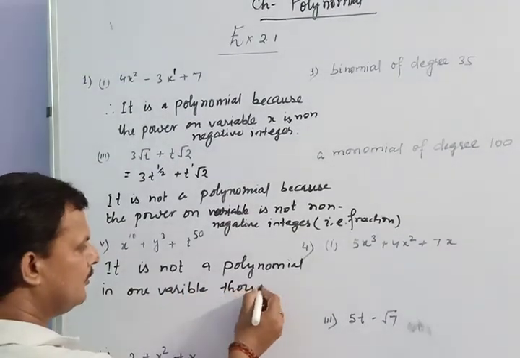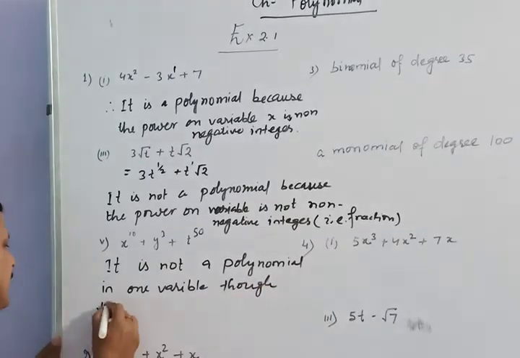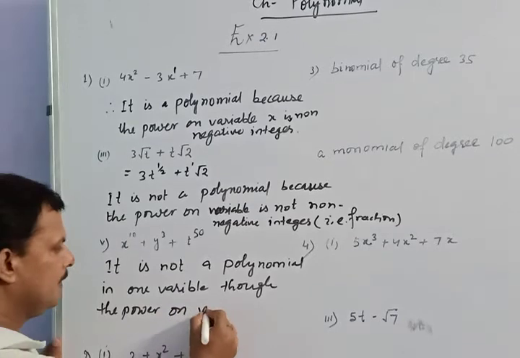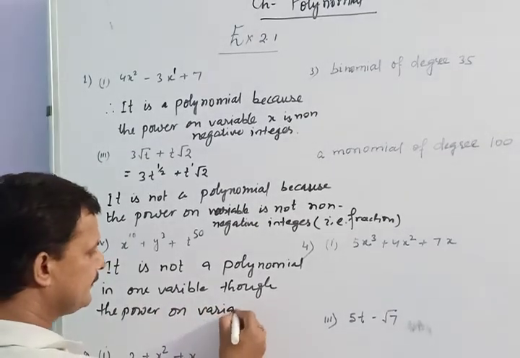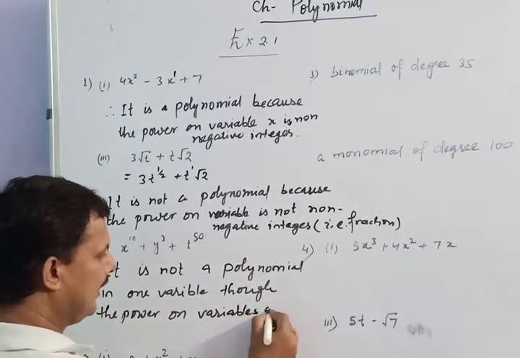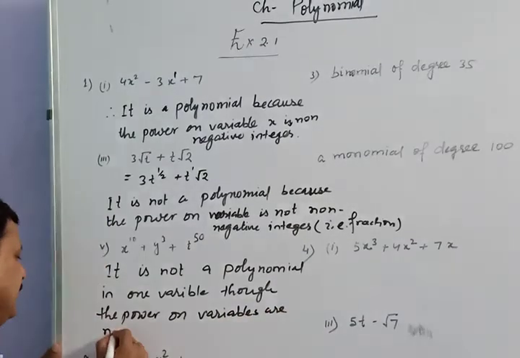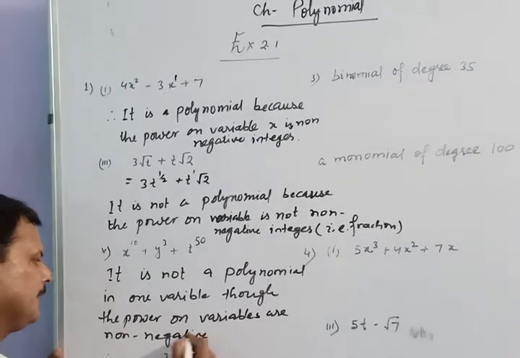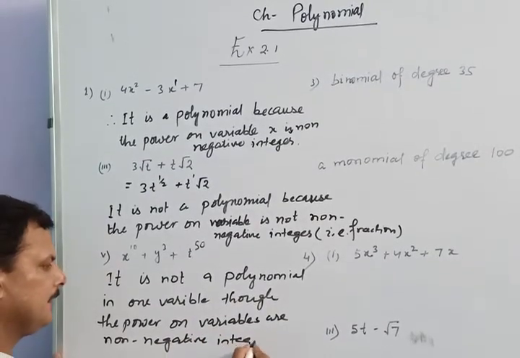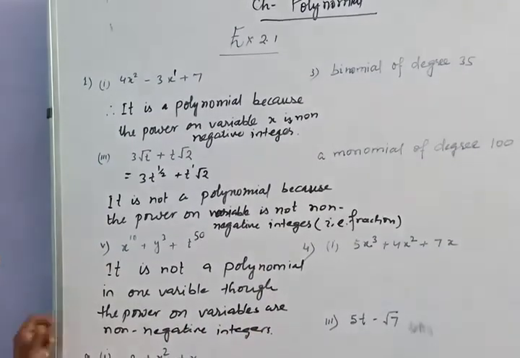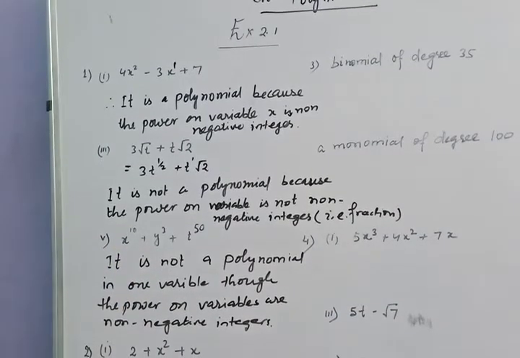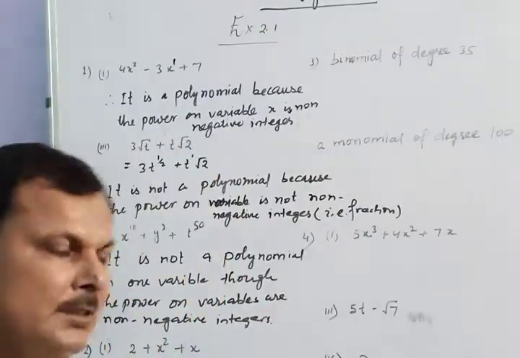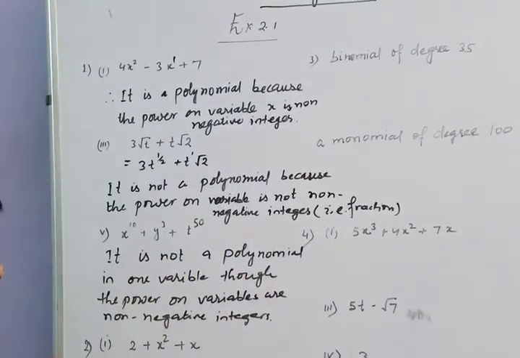Though the powers on the variables are non-negative integers, the variables are different, and the question is only for one variable. That's why it is not a polynomial in one variable.